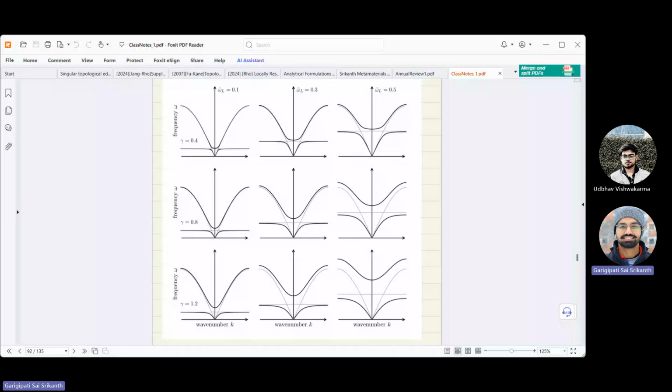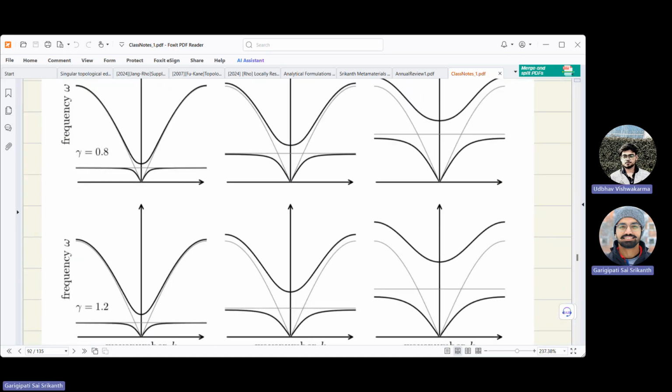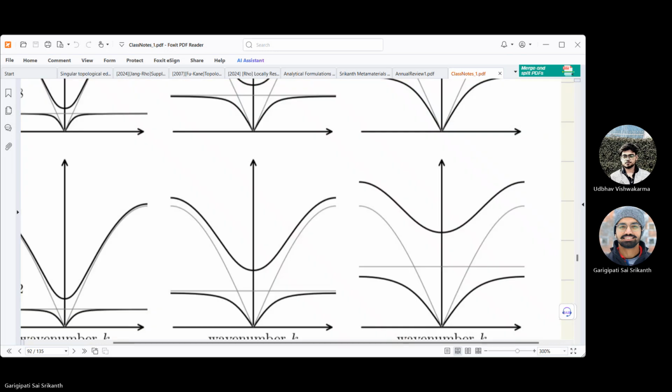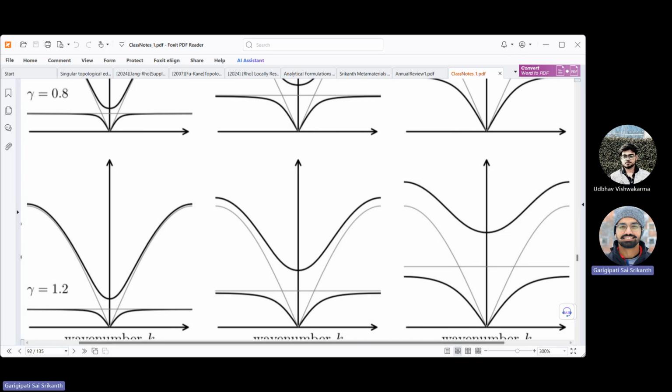Can you see my screen? Yes, zoom it in a little bit.